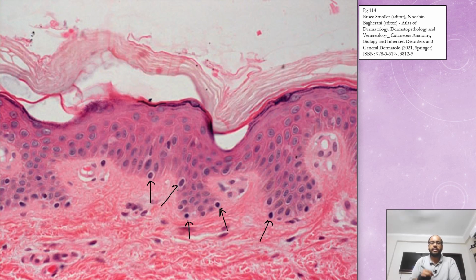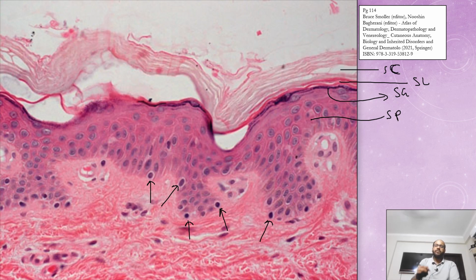All the other cells don't have that pigment in this photograph, but all the other cells are stratum basale keratinocytes. The in-between cells are the cells of stratum spinosum. The basophilic granular blue cells are stratum granulosum. There you have stratum lucidum and stratum corneum. Okay. So whenever you are seeing a slide, at least for the first time, or the first semester residents, try to find these individual structures. That will make it more interesting to watch the slides, and you will not miss any findings. Let's move forward.